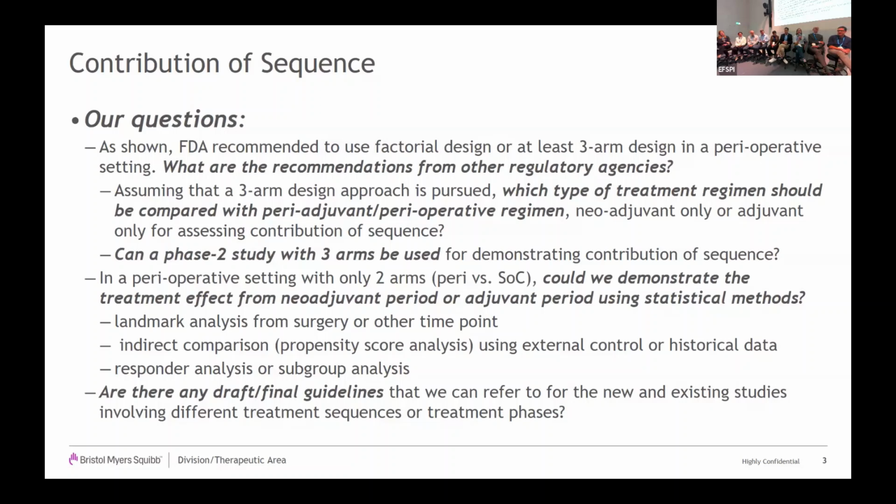Andreas? Yeah, I think this is really very complex, and I basically agree to all what has been said. But I think with this phase 2 study, I cannot imagine that the endpoints that we typically use in phase 2 will allow us a meaningful conclusion, because many of the concerns that come from this 2-arm study, where we cannot disentangle the two phases, come from safety.